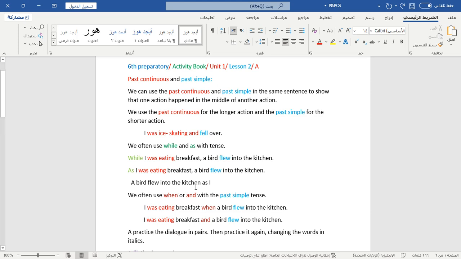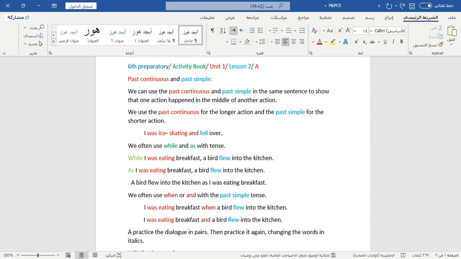A bird flew into the kitchen as I was, also after as a continuous sentence, was eating breakfast. Breakfast is one word, without a space between break and fast.